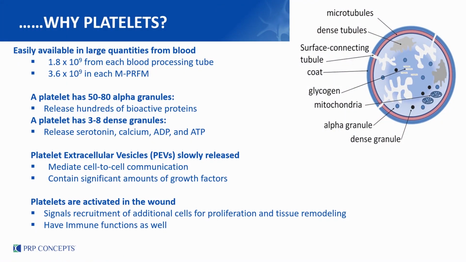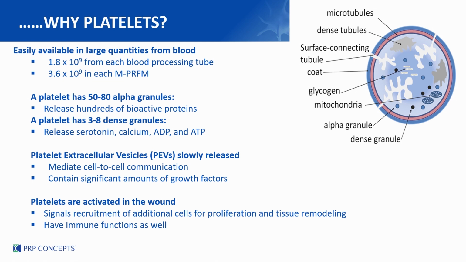So why platelets? Well, they're very easily available, of course. They have many alpha granules, which release hundreds of proteins and growth factors. Extracellular vesicles are released when platelets are activated. And in the wound, they signal the recruitment.